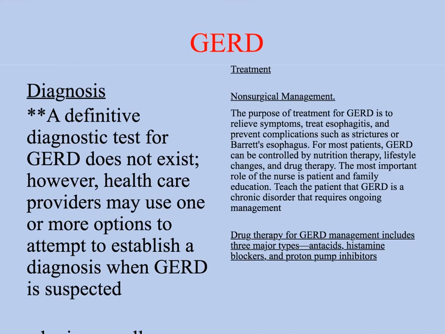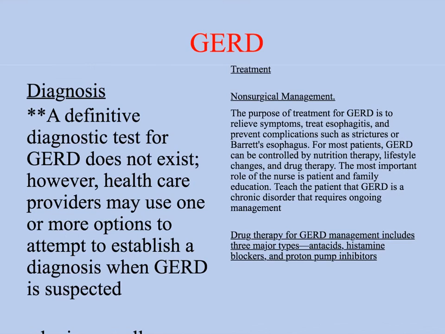Avoidance of foods that irritate and cause higher acidity in the stomach content. Foods that can be more irritating are chocolate, peppermint, fatty foods, alcohol, caffeine, and carbonated beverages. They should restrict spicy and acidic foods.